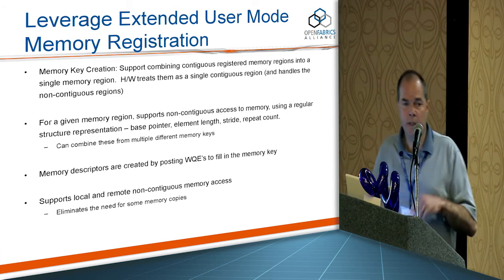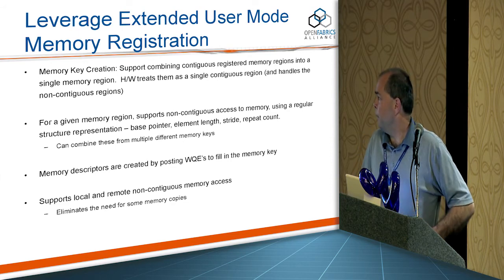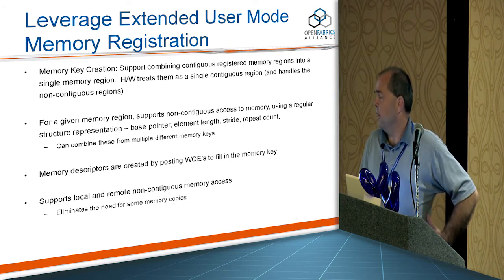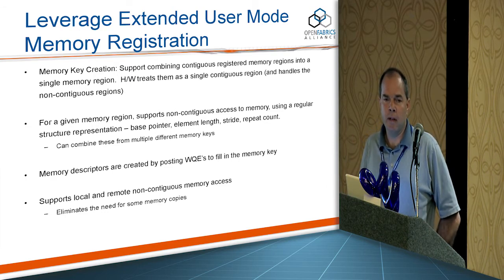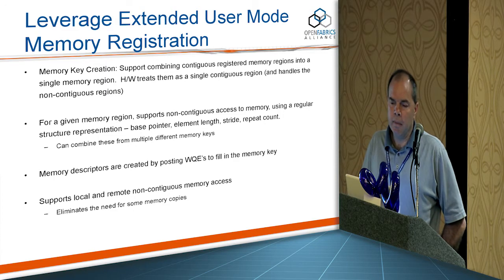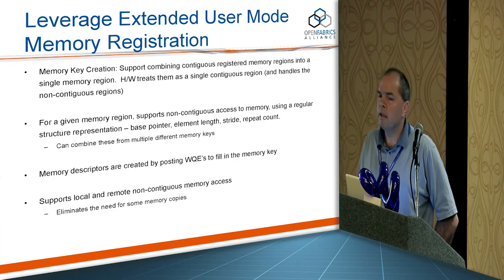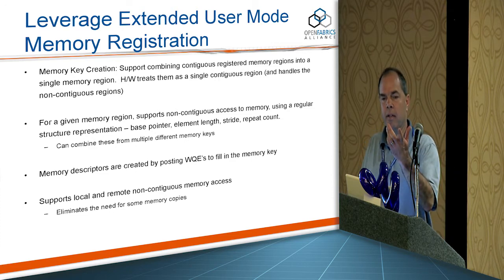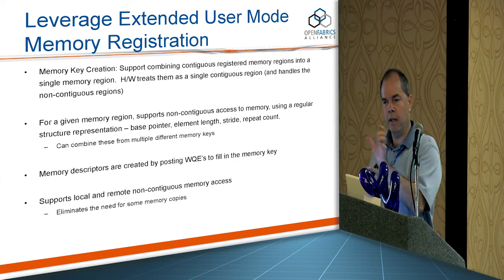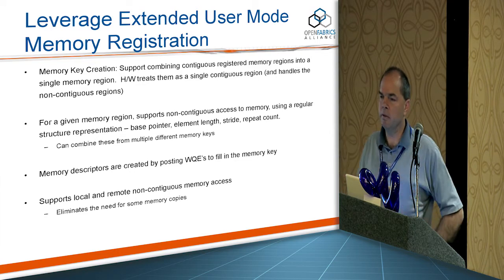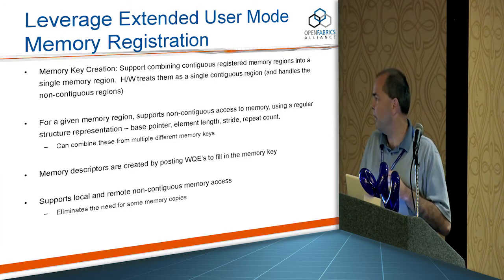This is fast registration, and that's intended to happen actually in the critical data path. So there are two types of memory registrations, two types of memory keys that are supported. There are memory keys that basically let you take pre-existing, pre-registered memory regions and take portions out of each of those regions and create a new contiguous virtual address region.